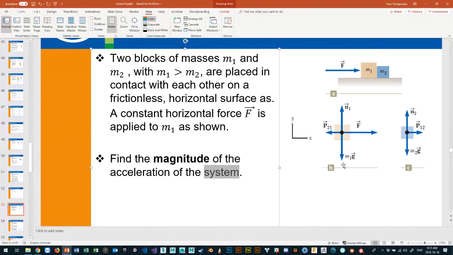You can see that you can draw the normal force 1 on the y-axis here, and the normal force 2 on the y-axis, and they're countering the force of gravity for mass 1 and mass 2. These things are being canceled out.